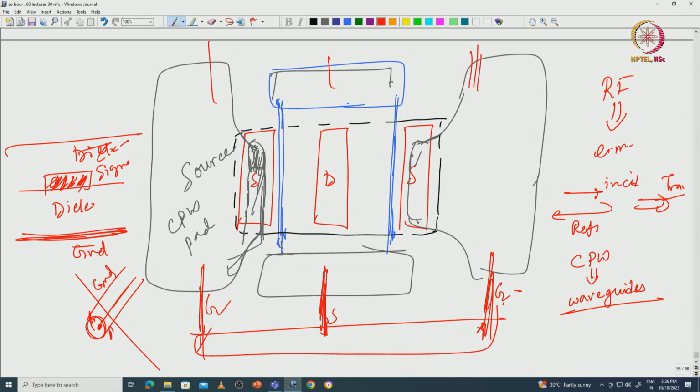If you think of this as your gallium nitride AlGaN, then the electromagnetic waves could be like that, depending on whether it is TE, TEM or TM. Some part of that is in gallium nitride, some part of that is in air. So, it propagates along this direction.